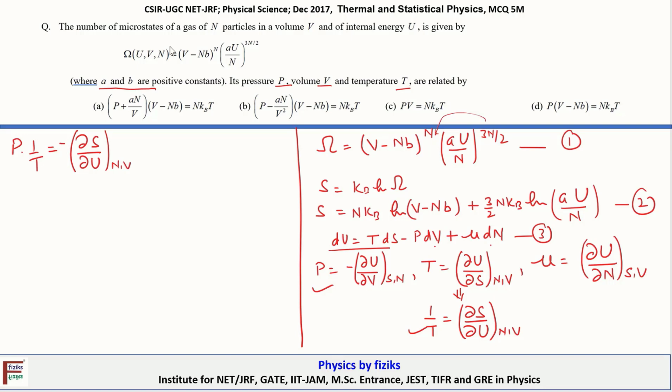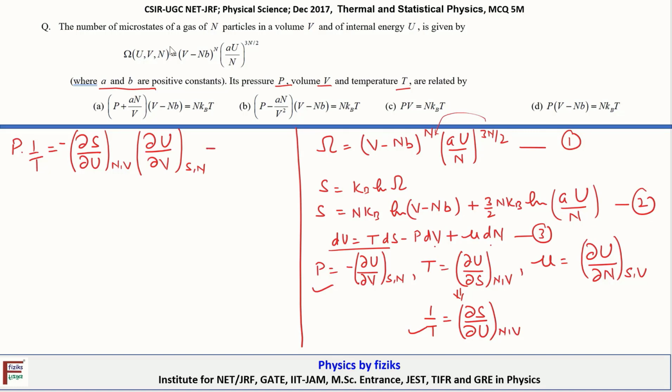So I bring the minus sign here and multiply by dU by dV at S and N.